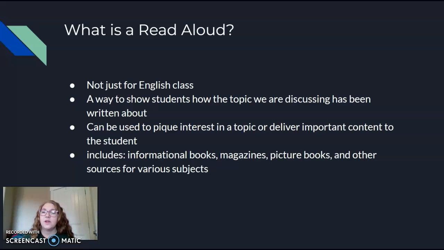This can be used as a way to pique interest in a topic or deliver important content to the students. So it could help the students realize, oh, this is actually really interesting, I want to study this further, but I would also say give them important information as to what you're focusing on right then.